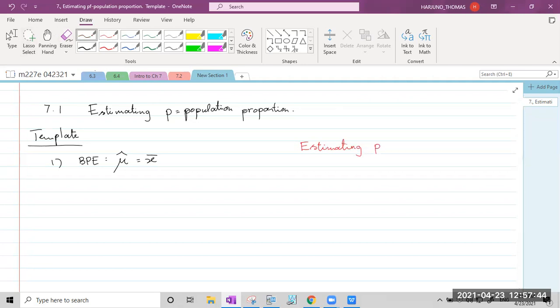yeah, this was estimating mu. Now, when we are estimating P, then the best point estimate becomes P hat, which is basically the sample proportion.